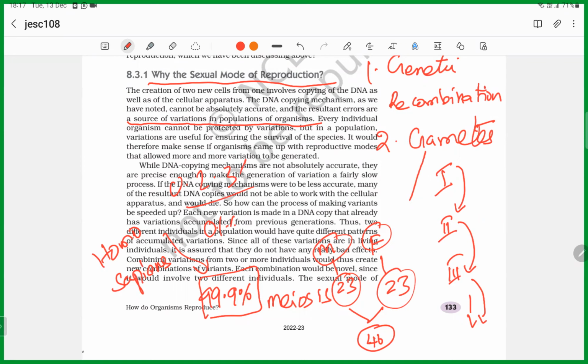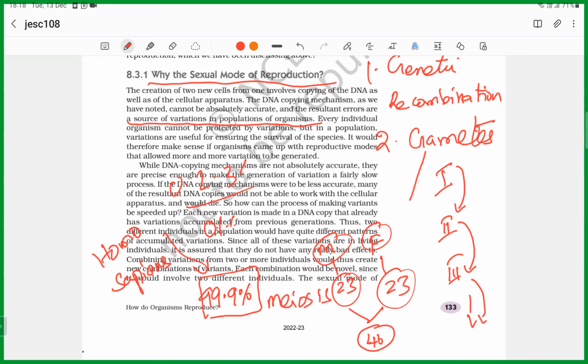Sexual reproduction results in variation, but the variation is not significant enough to produce another species. You understand my point? Yes, sir. Okay.